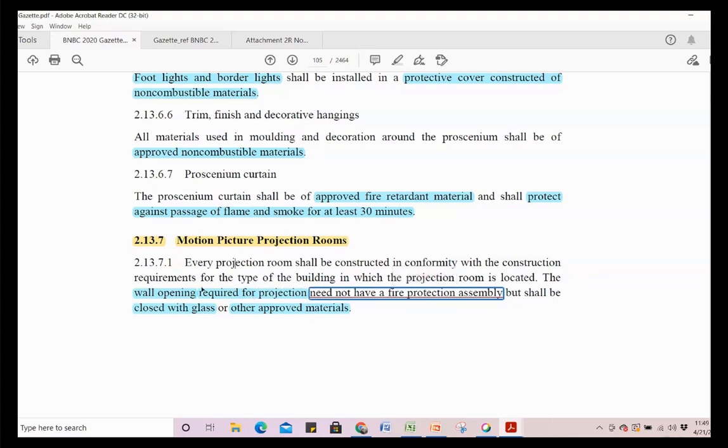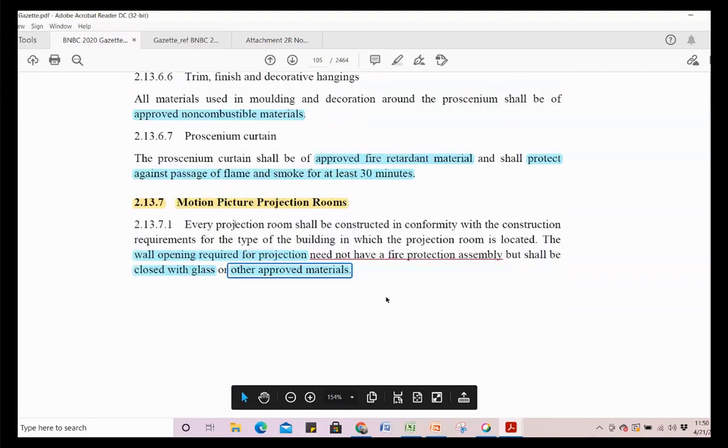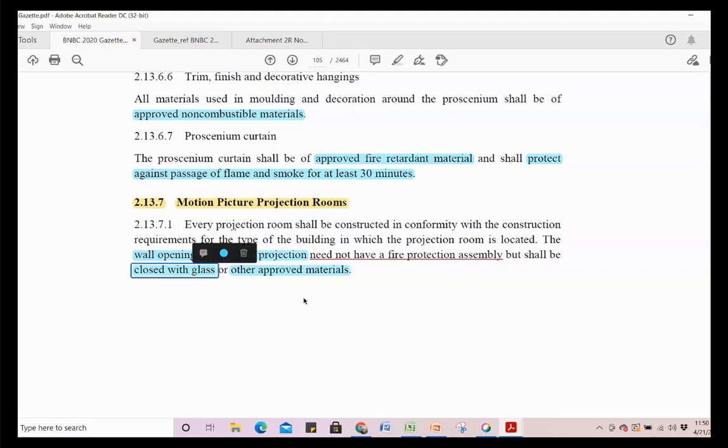So since there is an aperture in the projection room for the projection facility, that particular opening need not have a fire protected assembly, so it can be a non-protected opening, but shall be closed with glass or other approved materials. So it will not be an open connection.